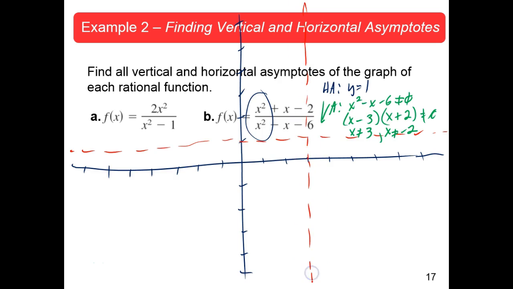Now, I do red for that. You don't have to, but I do because you can't touch or cross a vertical asymptote. You can touch or cross a horizontal asymptote. I did that red too. And the other one is x cannot equal negative 2. You got that by setting your denominator. You know your denominator can't be 0, so you find out the values of x that would make it 0, and then you disallow that.